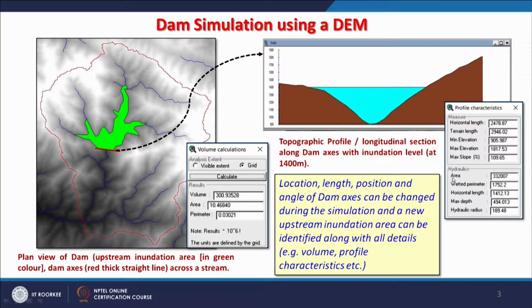Other hydraulic characteristics of this topographic profile can also be calculated, like area, wetted perimeter, horizontal length, maximum depth and hydraulic radius. The maximum depth will be calculated somewhere here, and this is 494, the maximum depth which we are getting here.